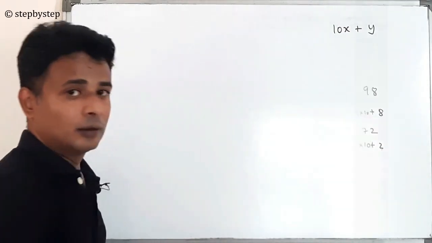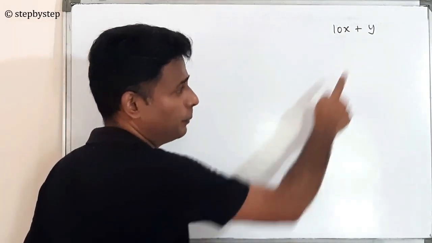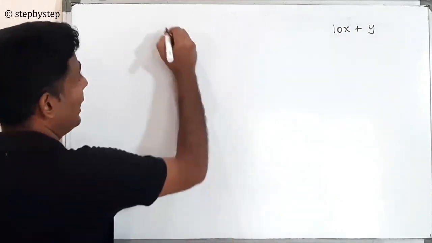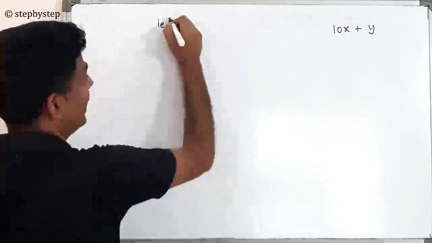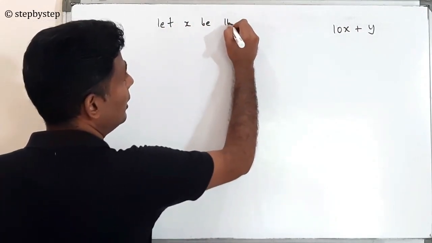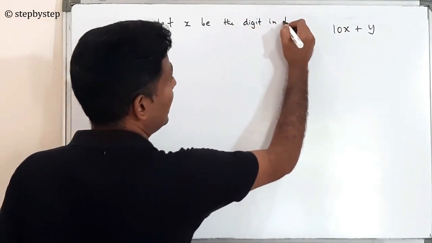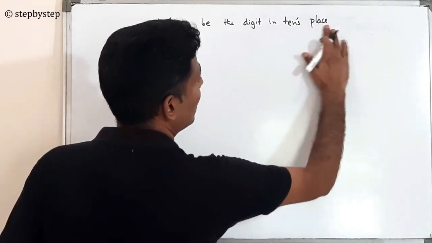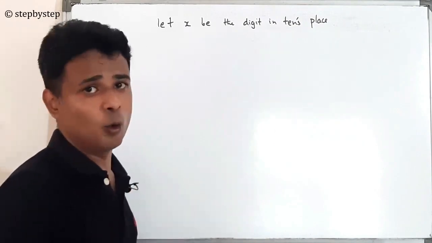Alright. So guys, remember a two-digit number will always be written in this form, that is 10x plus y. In a two-digit number you always have to write this: let x be the digit in tens place. This is how you need to start any word problem. You have to tell us what is x and y.